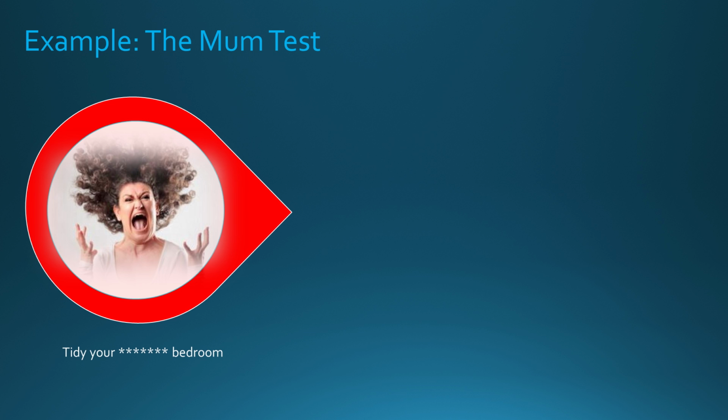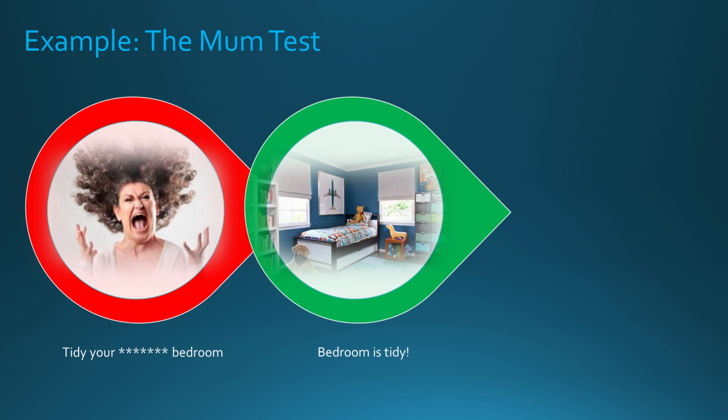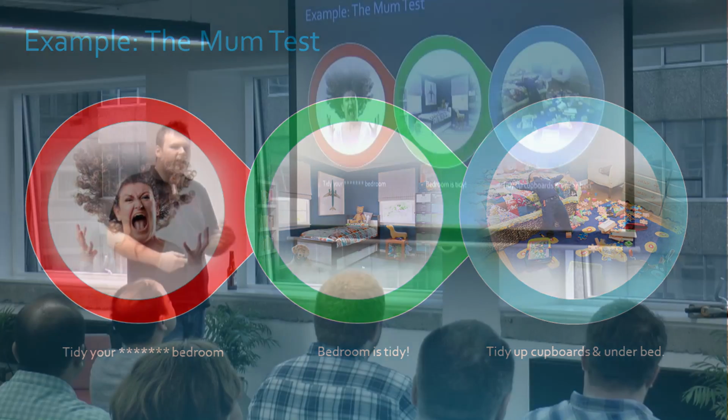And you know what you do? You tidy it a bit and you go, "Mum, it's tidy." She comes back up and goes, "You haven't done that bit yet." So you're constantly trying your luck, and eventually your bedroom's tidy. Brilliant. And then you've got to refactor it, which is something I didn't do, which is taking all the stuff you put under your bed, into your cupboards, into your drawers, and tidying up the underneath.